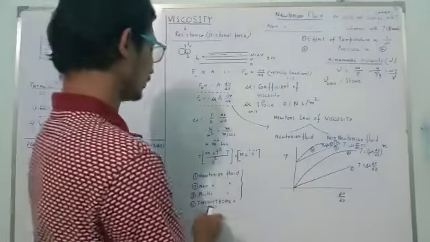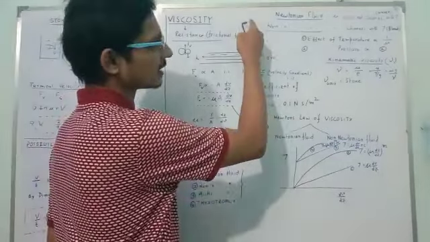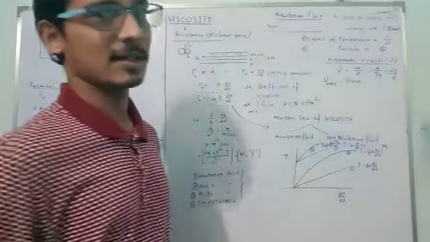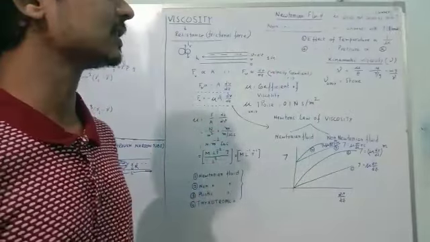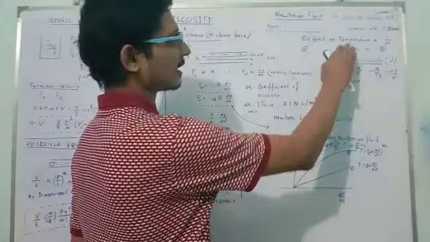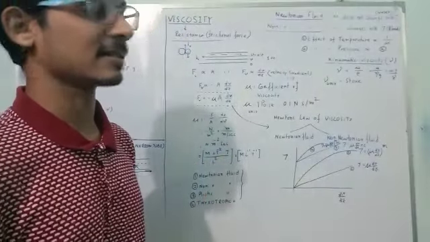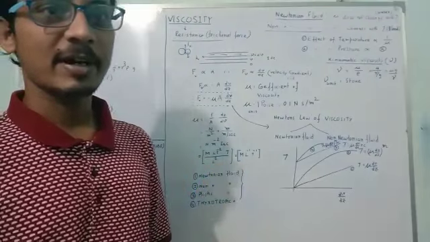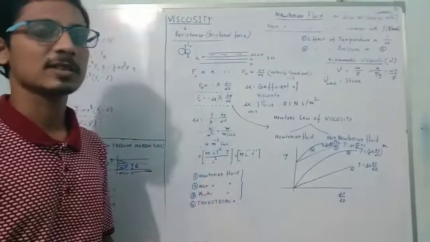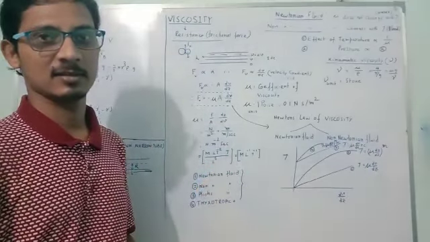Okay. Now, there are 2 factors on which the viscosity depends. Number 1 is temperature, a very important factor. In most cases, if the temperature increases, then viscosity decreases.